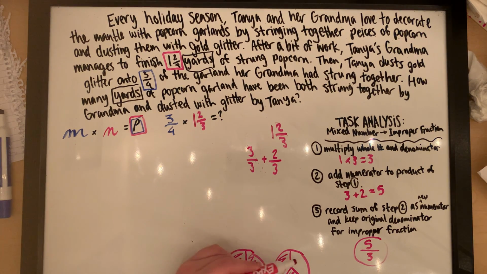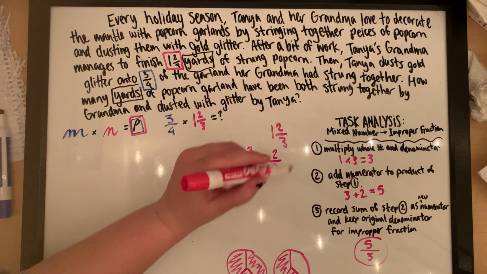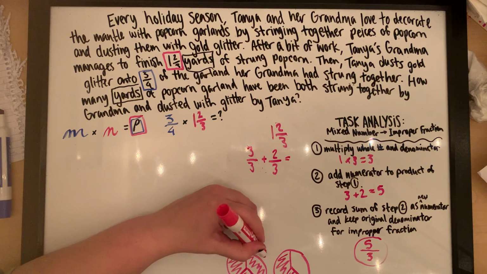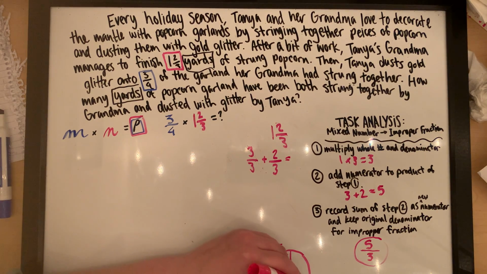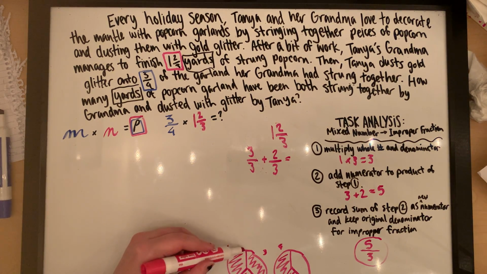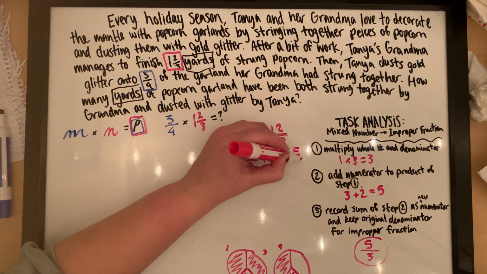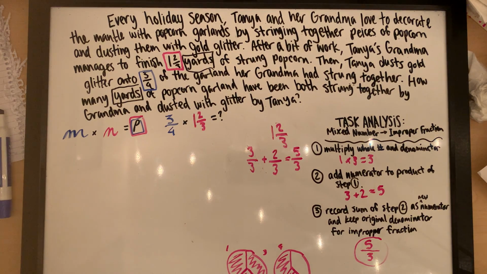So here we have our 2/3, and if we add together all of our portions, we have 1, 2, 3, 4, 5. So each of these sections is 1/3. We have 5 of them, so we have 5/3. So there's the connection between mixed numbers and improper fractions.